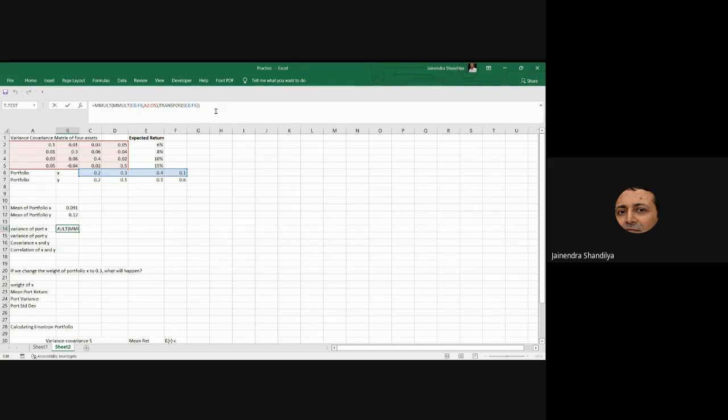Once again, just to be on the safer side, let me delete this. What I'm doing is matrix multiplication, and because there are two matrix multiplications, I'm using MMULT twice. Because this X is already in a row, I will not transpose it.